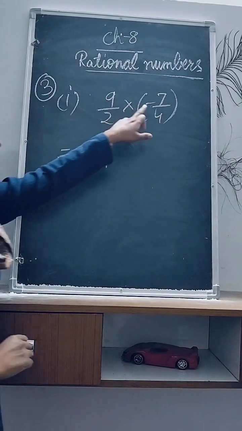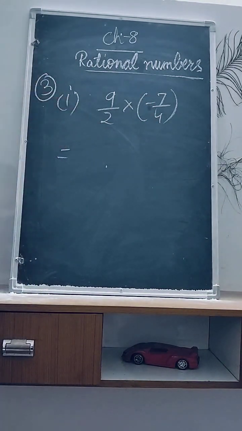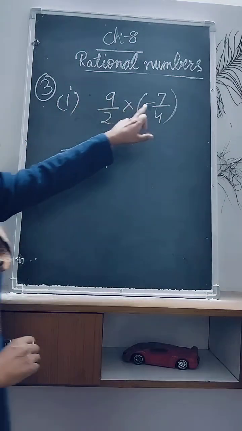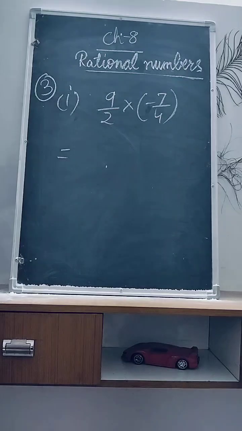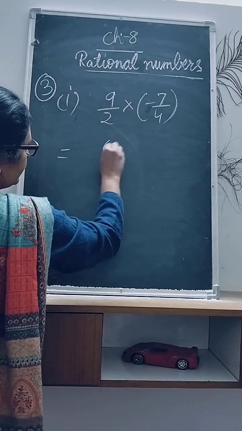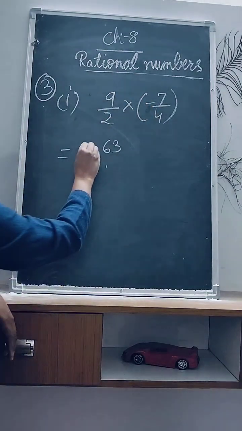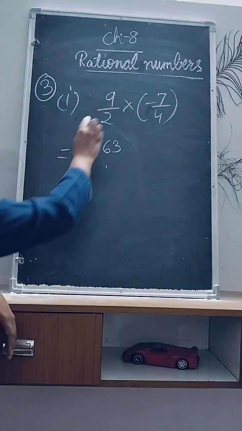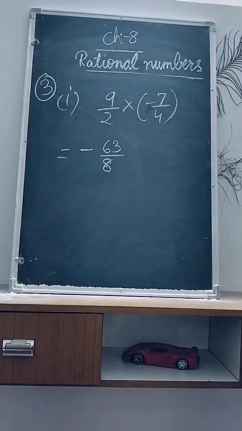If it is coming an odd number of times, then in the answer you will get the minus sign. But if the negative sign is repeated an even number of times, then you will get the positive in the answer. Now 9 into 7 is 63. As minus is coming only one time, which is odd, so minus will come in the answer. 2 into 4 is 8. So this is your answer.